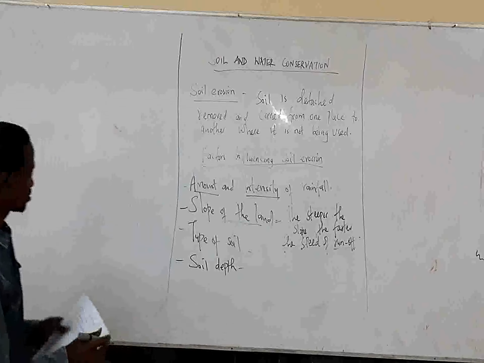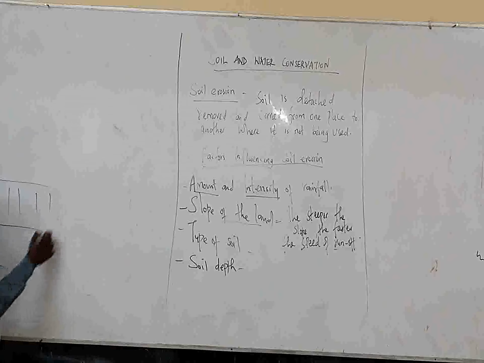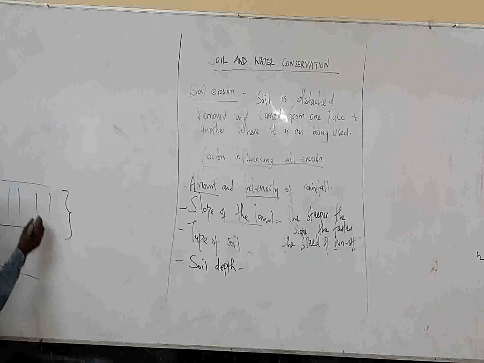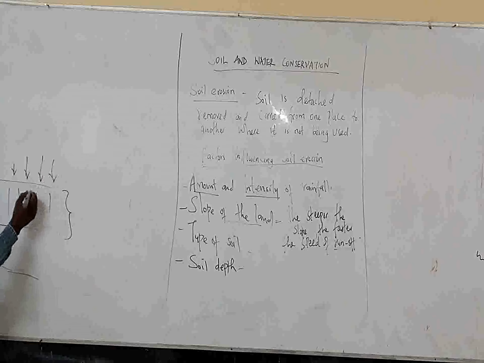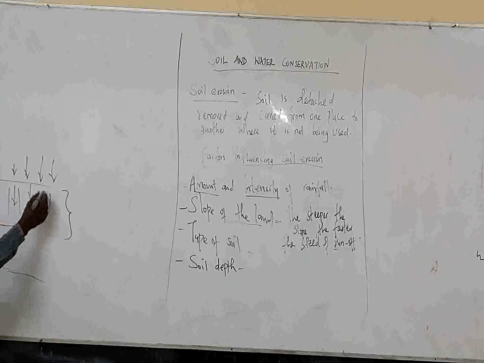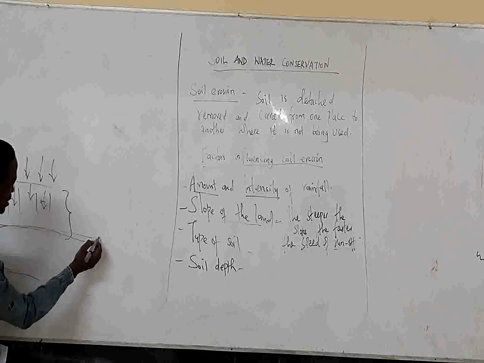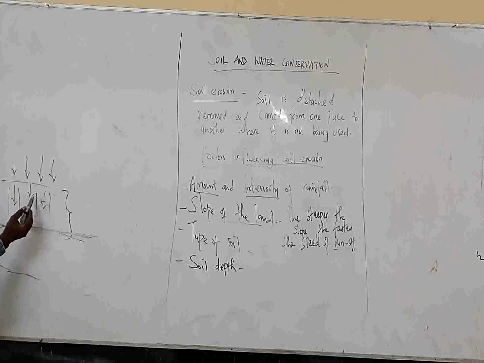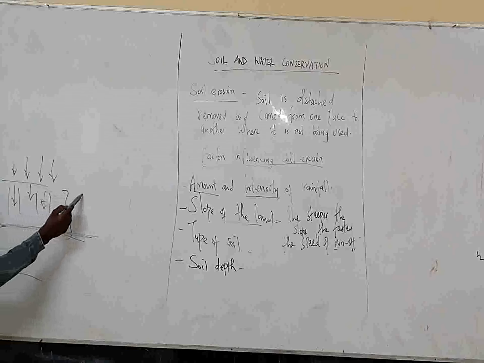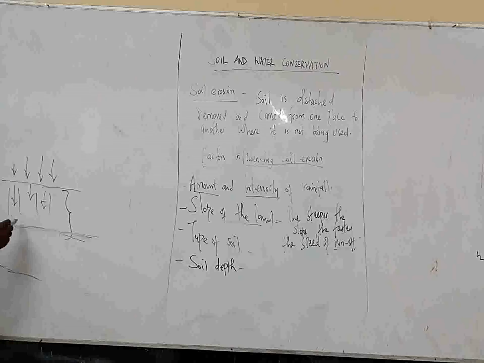When we talk about deep soils, when rainfall comes, the water percolates into the ground, and before it reaches the harder surface down there and becomes saturated, before we can have runoff or soil erosion, it will take much time.